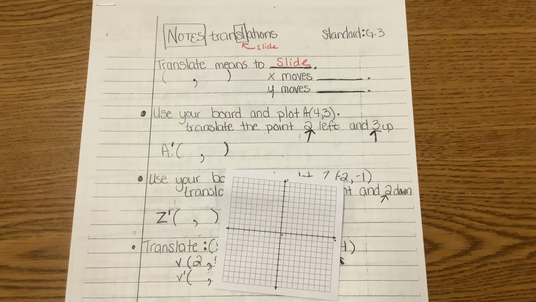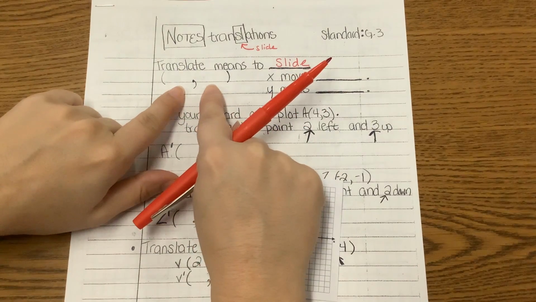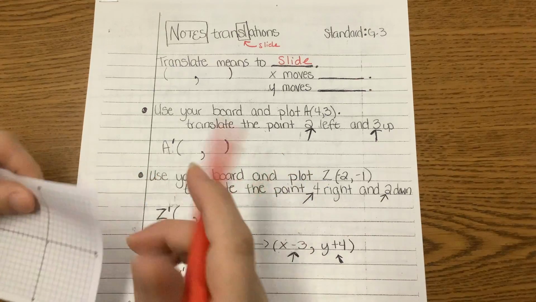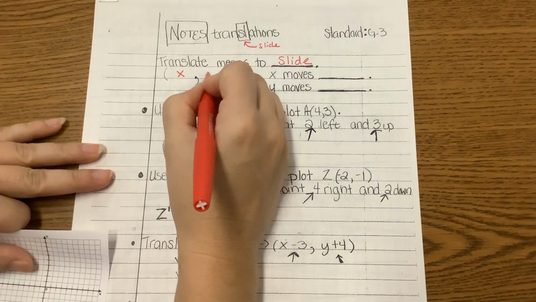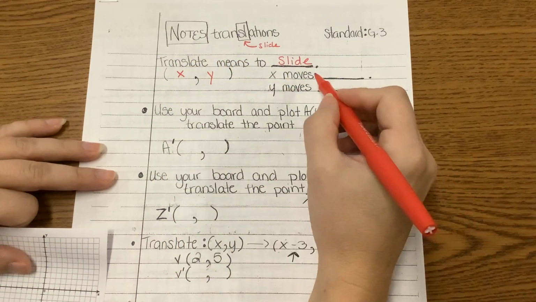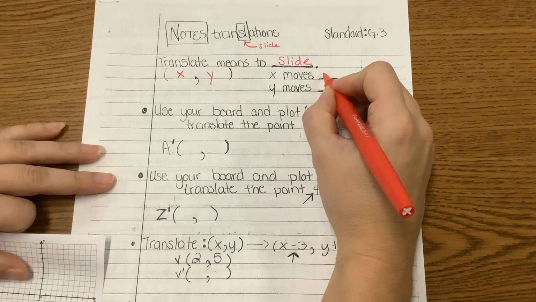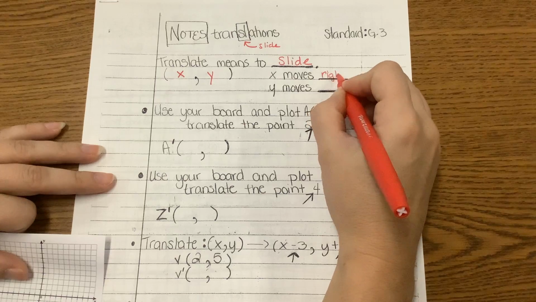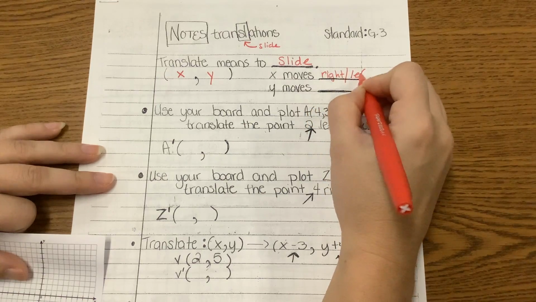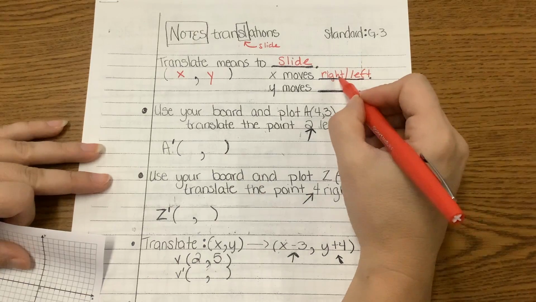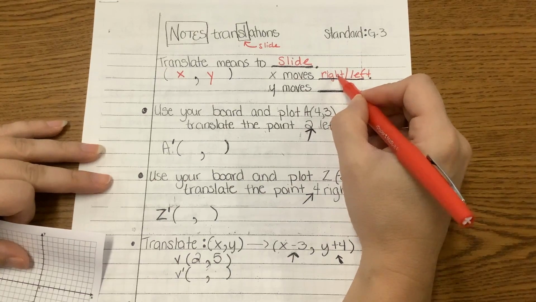Okay, so whenever we look in an ordered pair, what are the values that represent the numbers in these spots? What are the letters? X and Y. X moves what direction? Sideways, which is going to be right or left, right? If we move it to the right, is that a positive movement or a negative movement?